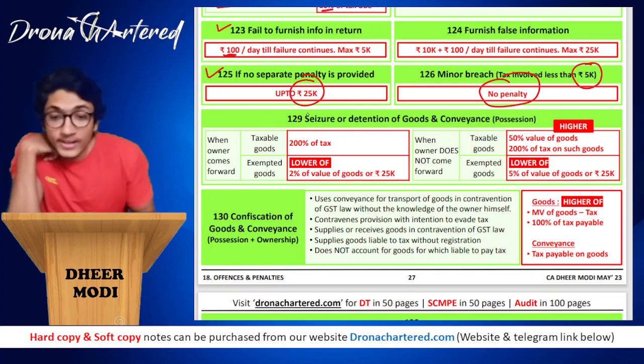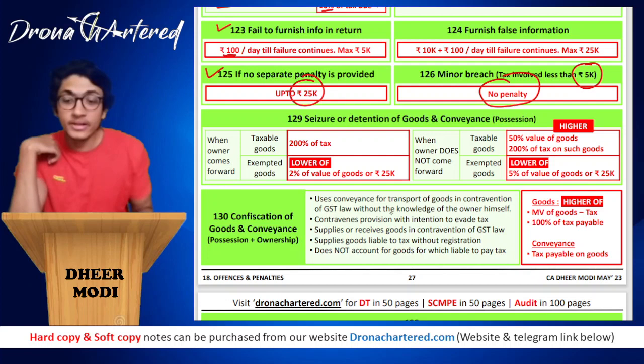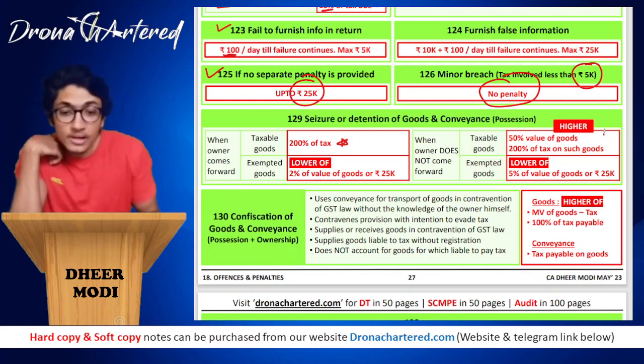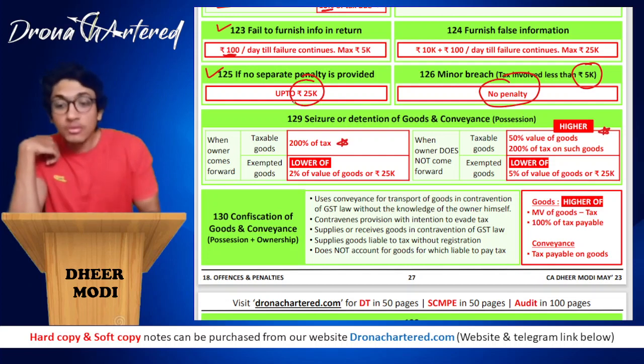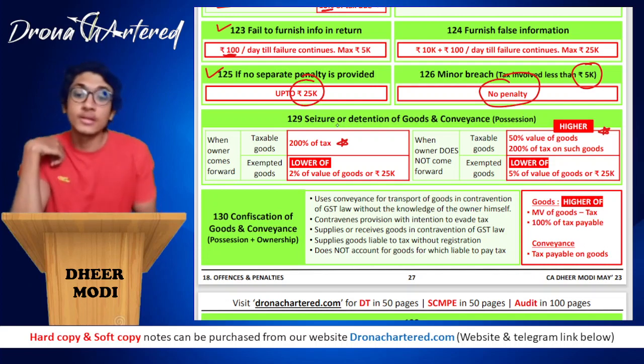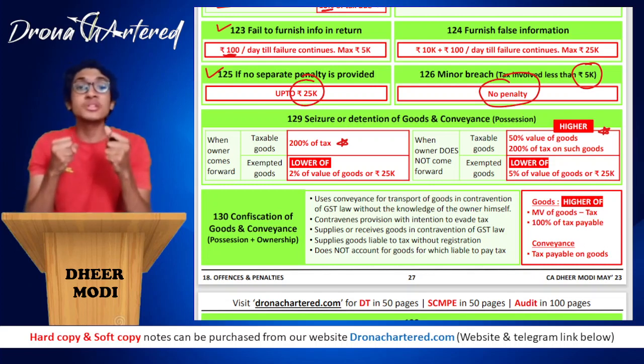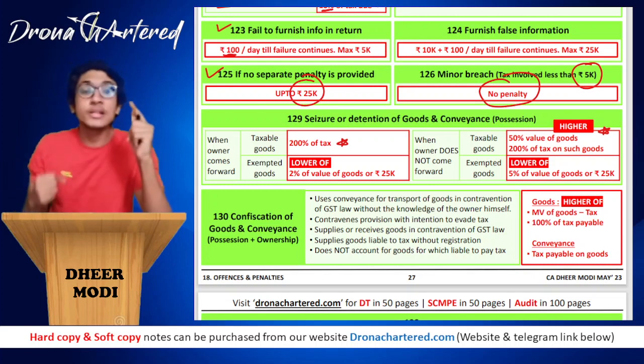Now, section 129. Section 129 is a very important section because there has been an amendment in this part and this part. Section 129 talks about seizure or detention of goods and conveyance. Seizure of goods means just the physical possession of goods has been taken; you are still the owner.